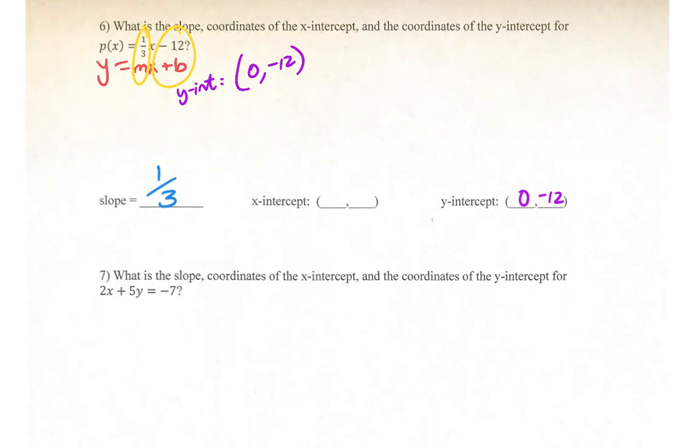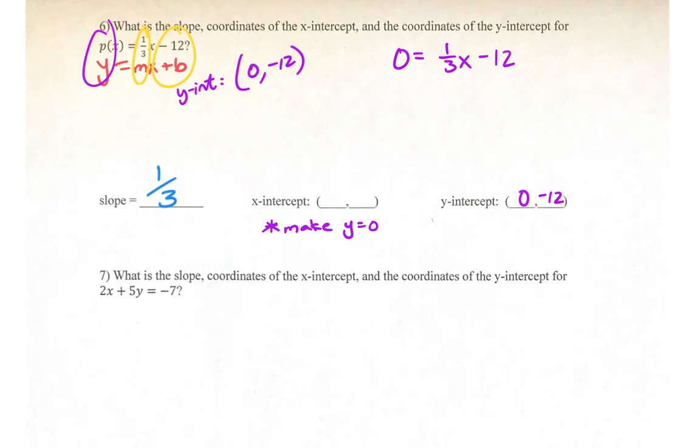Now, the one that's going to require a little bit of work is the x-intercept. To find the x-intercept, we have to make the y 0, or in this case, p of x, we'll have to make that 0, because p of x is like y. So it's going to say 0 equals 1/3 x minus 12. It's a two-step equation.